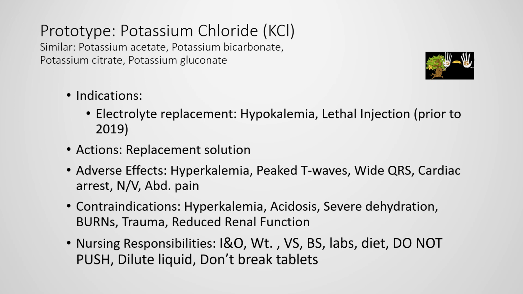So on the bag, it'll say 0.9% normal saline with 20 milliequivalents of potassium, or 40 milliequivalents of potassium. That's for safety reasons, so that it takes the human factor out of mixing up the bags with potassium, because it can potentially be a deadly electrolyte to administer.